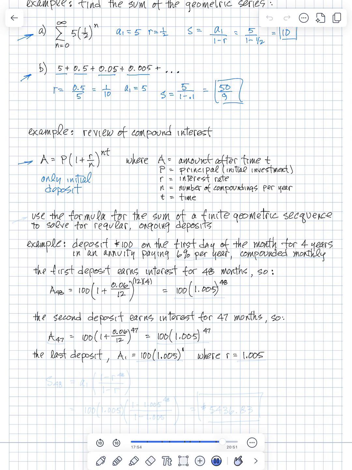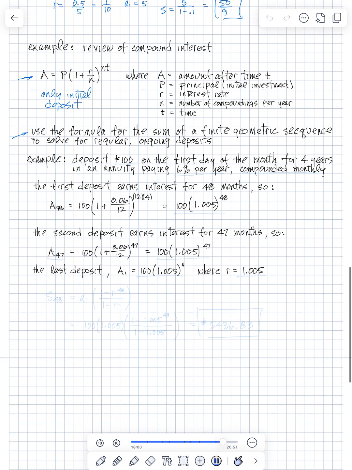Well, now we're going to use this formula, but we're going to have ongoing deposits. So here's our example. You deposit $100 the first day of the month. You do that every month for 4 years. You put it into an annuity paying 6% per year, and they compound it monthly. So if we look at the first deposit, the first $100 will earn interest for 48 months, and so A of 48 looks like that for just the initial deposit.